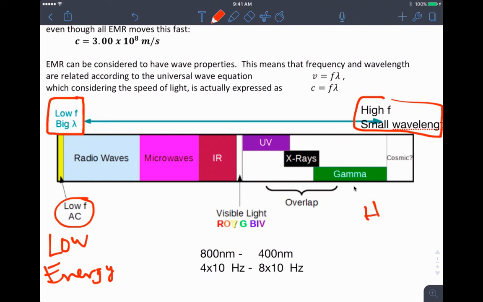In fact, it gets to be dangerous to expose yourself to electromagnetic radiation. There are different kinds of ultraviolet light, but if you get above that, you get to a point where it's ionizing.